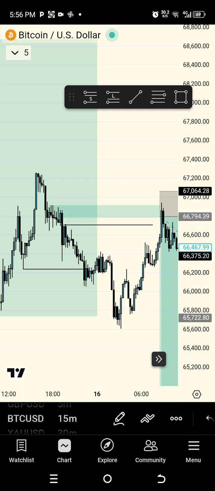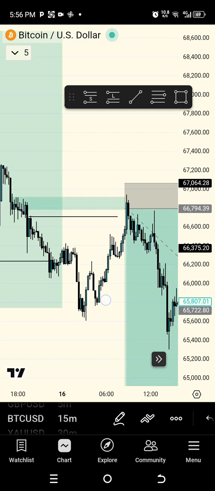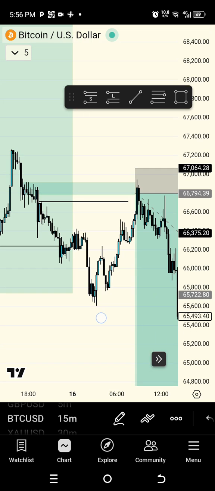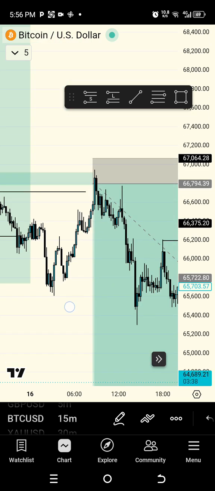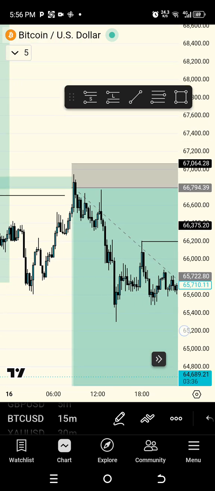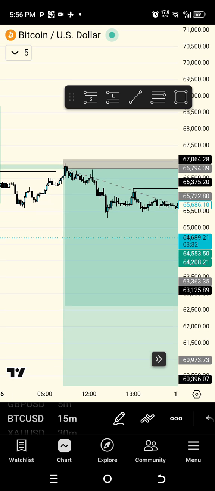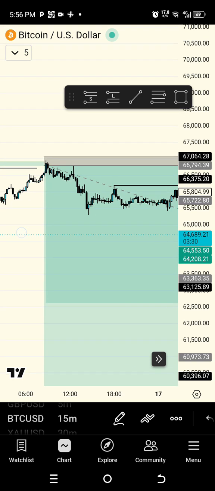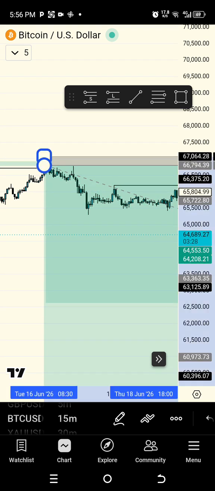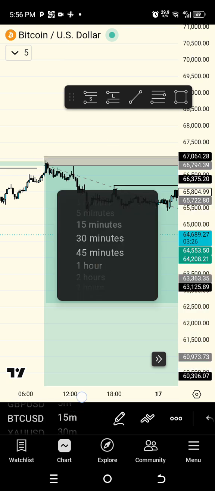This POI is clear on the 15 minutes time frame, but I don't want to waste your time. So I took the trade, and my initial TP will be the daily lower low. That is my initial TP. Let me go back to the 1 hour time frame.